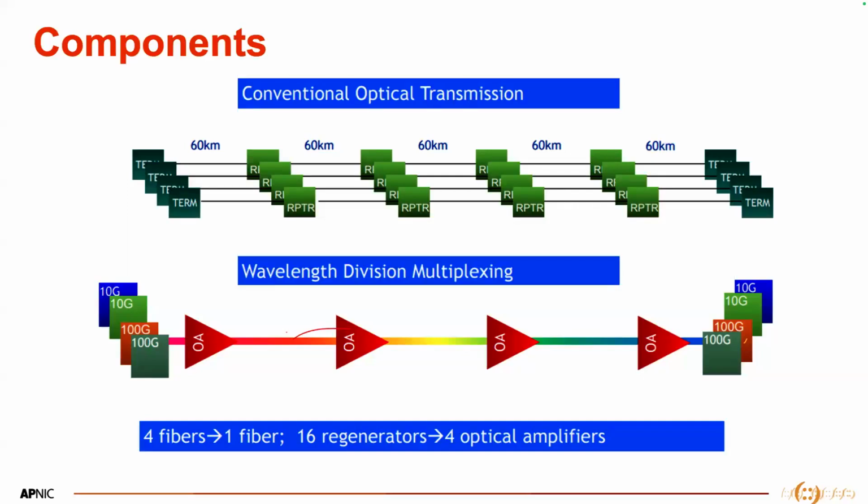Second, how many amplifiers can we use, or is there a physical limit on the number of amplifiers? The number of amplifiers you can use will be limited by your OSNR. If you use too many amplifiers in the path, your OSNR will be degraded, because each amplifier introduces noise in the system, and because of that your OSNR will go down.